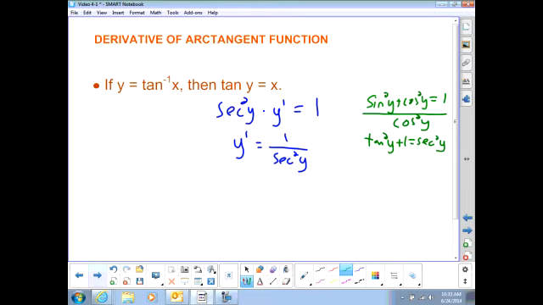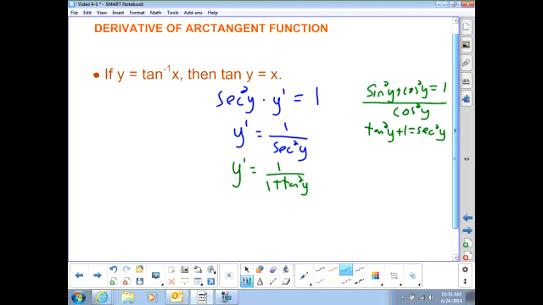So we can now replace the secant squared y in the denominator with tan squared y plus 1. Now, usually you're going to see the 1 come first in the formula we'll eventually get, so I'm just going to write it that way as well. So we'll have 1 over 1 plus tan squared y. In reality, you could do it either way in the denominator, just usually you see the formula written with the 1 first.